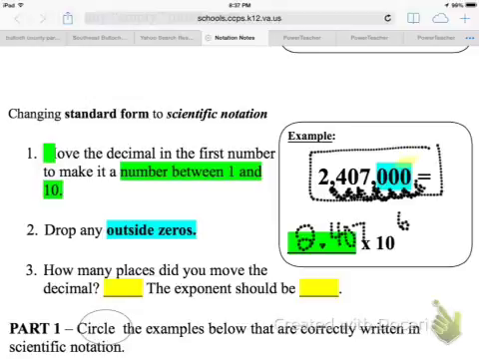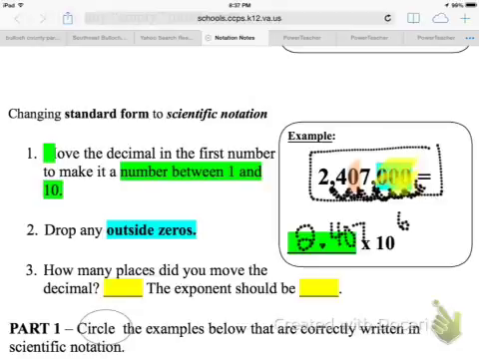I can drop these zeros, but I cannot drop this 0. I'm going to highlight that a different color. This 0 here has to stay. If your 0 is between two numbers, then it's not a placeholder. You can only drop the zeros at the end of the number.